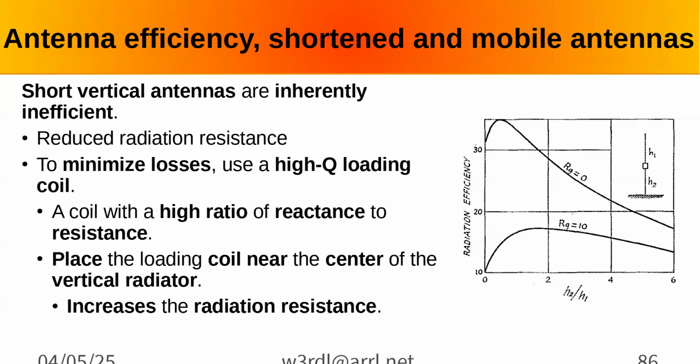So it would be a coil that has a high reactance relative to its internal resistance. Ideally, you would want to put your loading coil, since you're not using it as a trap, you're just trying to make it electrically longer, up in the center of the antenna.